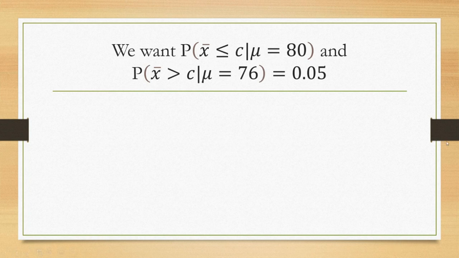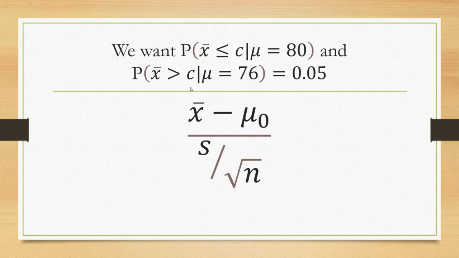On this part right here, we're going to look for the probability to reject when we shouldn't reject. And on this second part right here is the probability that we don't reject when we should reject. We're going to go ahead and use the formula to find the z-score. Now, as we know, we're going to use the information that's given to find the probability of 0.05.